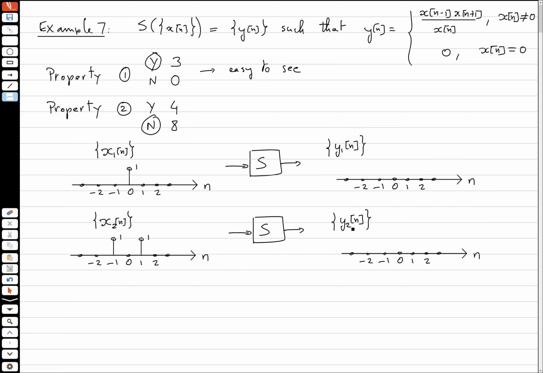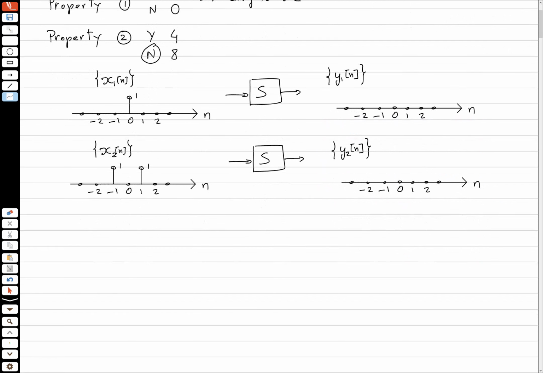Yes, you are right. Again, the issue is at -1 or 1, but you're going to have the same phenomenon. But what is the test now? What is the next step? What do you want to do to test the property 2? All right, you add these two guys.